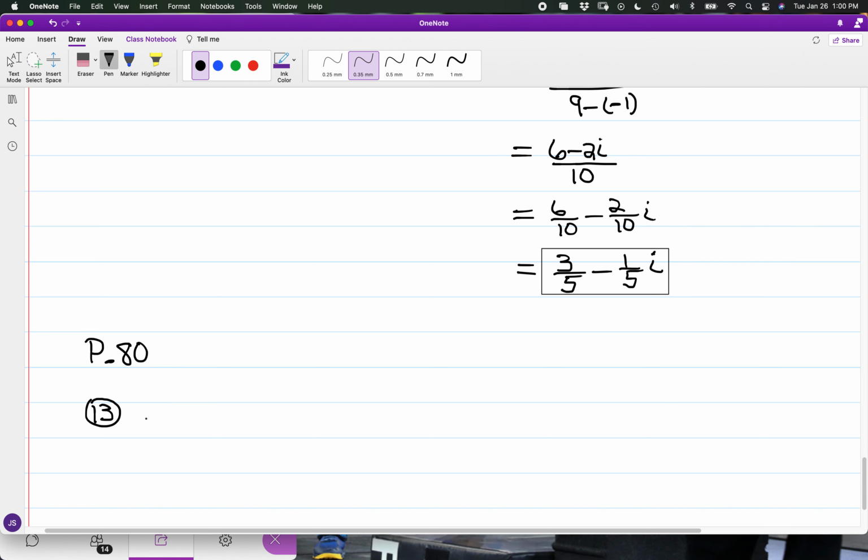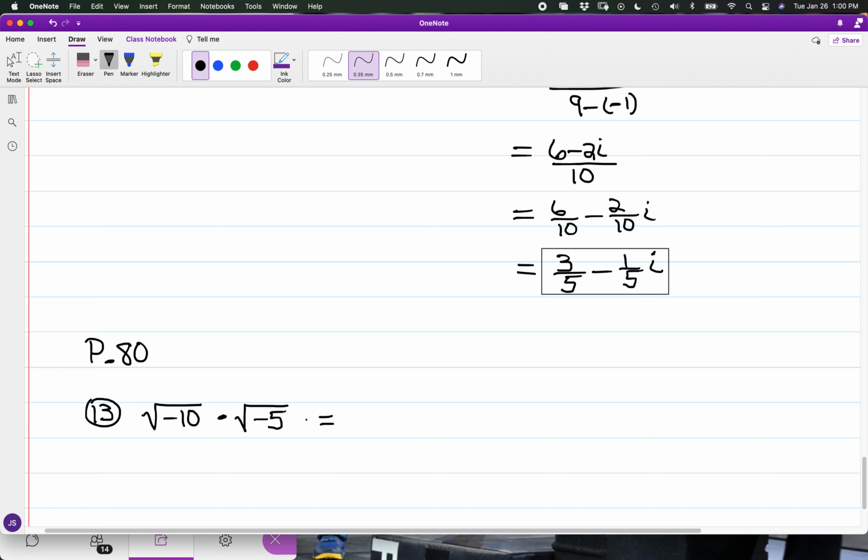We're looking at the product of the square root of negative 10 times the square root of negative 5. So you have complex radicals, expressed as the square roots of negative values.